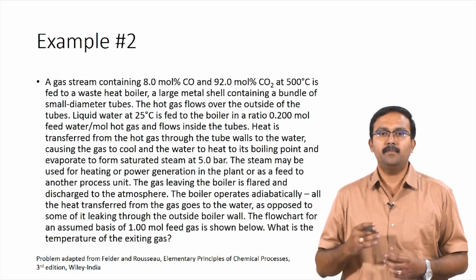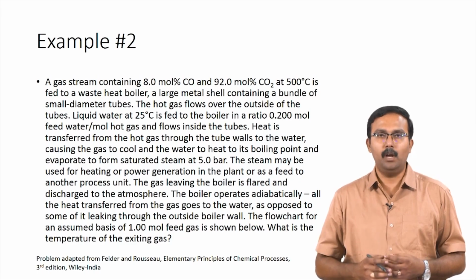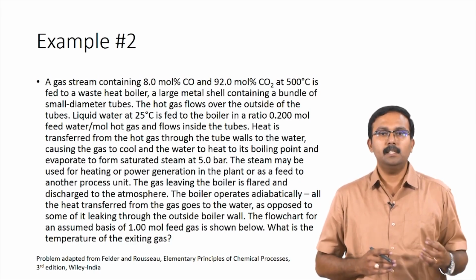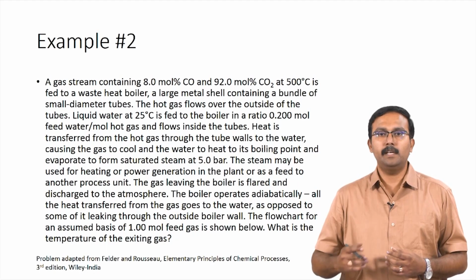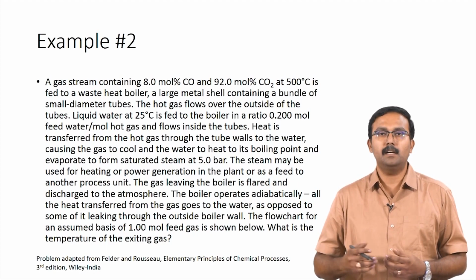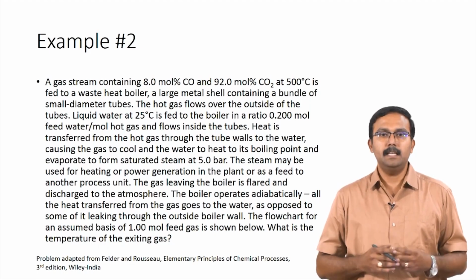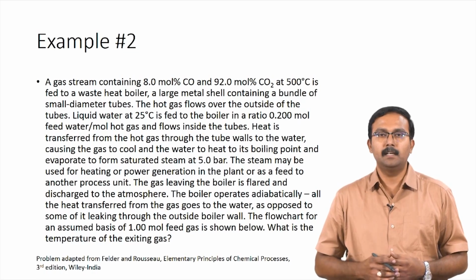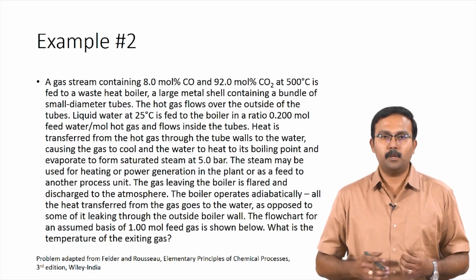Heat is transferred from the hot gas through the tube walls to the water, causing the gas to cool and water to heat to its boiling point and then evaporate to form saturated steam at 5 bar. The steam may be used for heating or power generation in the plant or as a feed to another process unit.